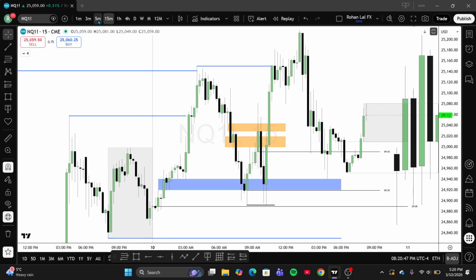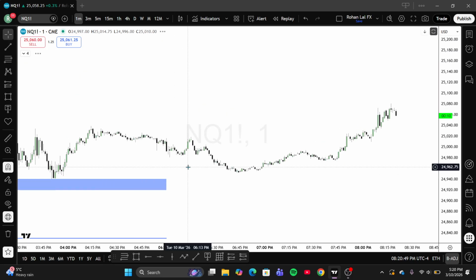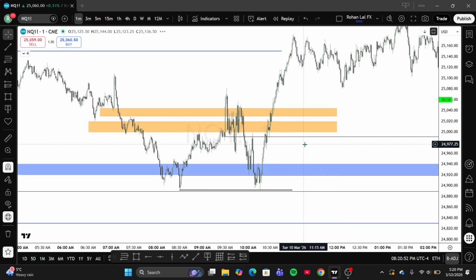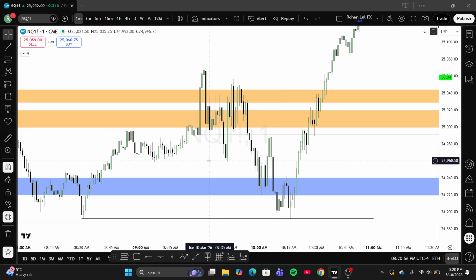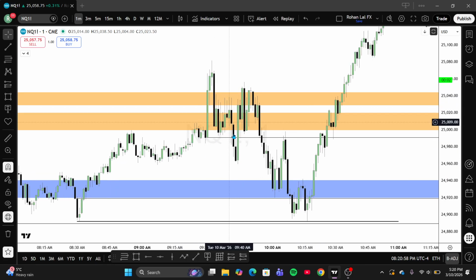So now dropping down onto the M1 with our higher time frame levels marked. We initially see the market consolidate here. We initially break away from the fair value gap that was created here at 9:30. This fair value gap was not respected at all.